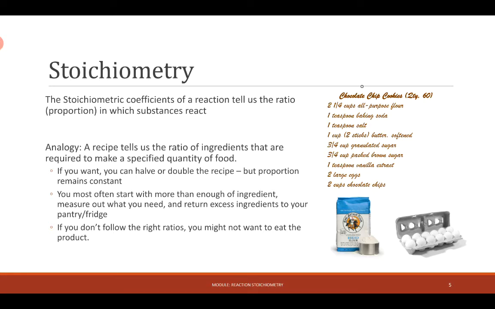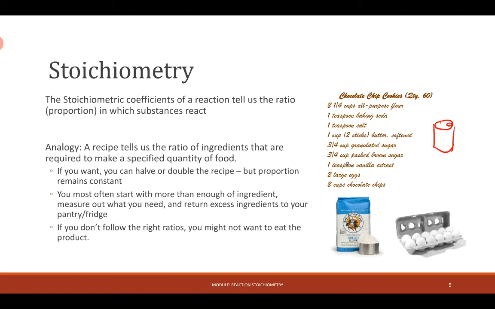So for instance, if we are making chocolate chip cookies, we need 1 teaspoon of salt. We do not need the entire canister of salt. We just need a teaspoon of it. We will most likely start with more salt than what we need, but we'll be able to put the extra salt back in the cabinet and use it at a later date. Same with the butter and the eggs and whatnot.